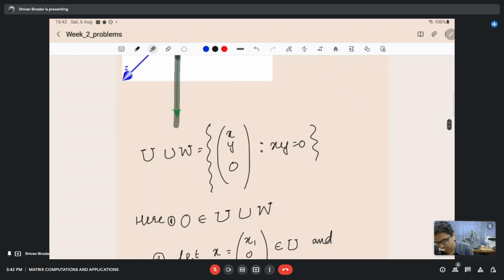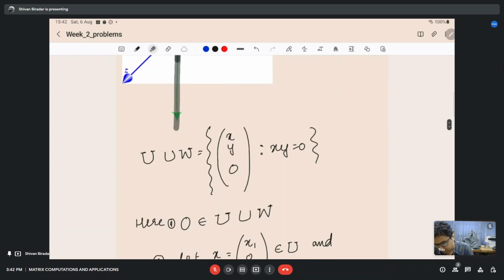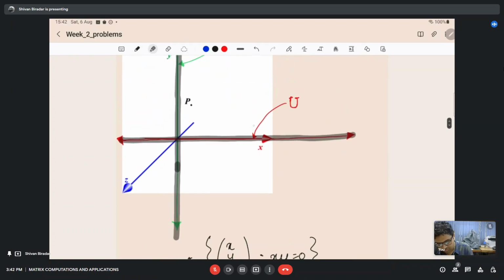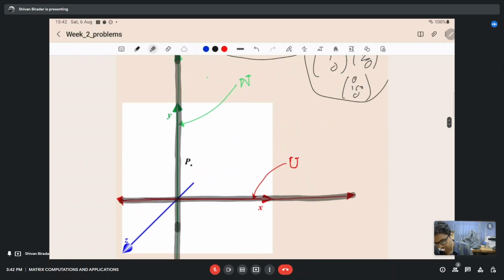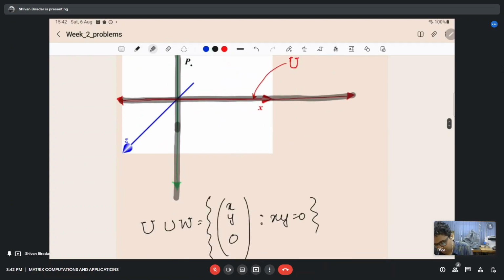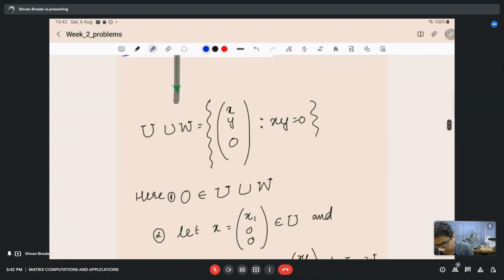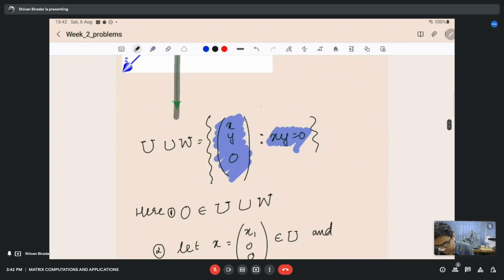So what would happen if we take the union of subspace U and subspace W? A very good thing here is that the origin lies in both U and W. So if I take the union of these two subspaces U and W, then I'll get a vector of this form, which would satisfy this one, right? Why? Because if x equals 0, then y can take any value.